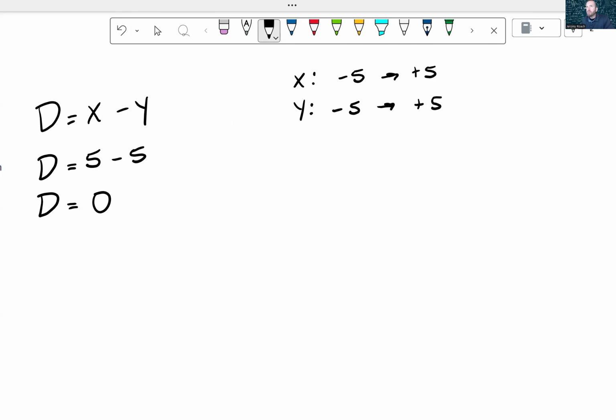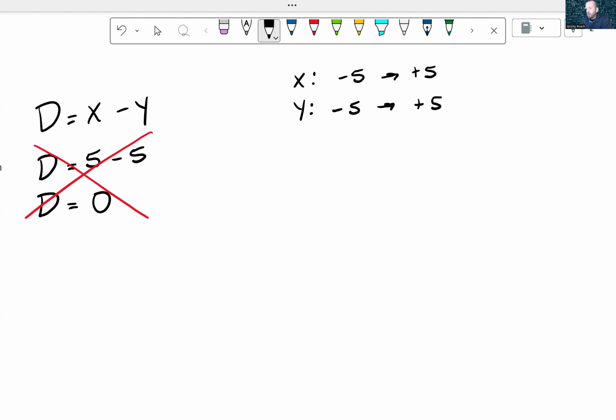The actual variability between x and y would be a total of 10 units, not 0 units. So x could be as low as -5, and y could be as high as +5. And so the difference between that would be 10. So this is not correct. The difference is 10. But let's look at how we actually calculate this.